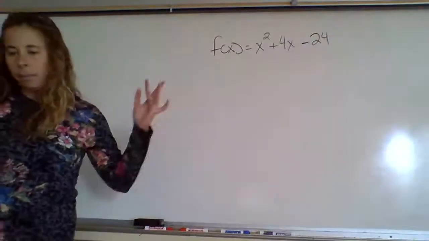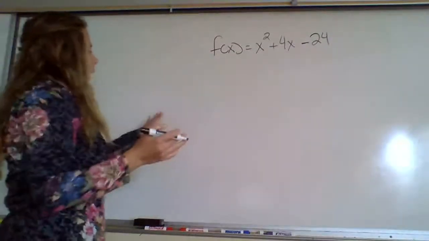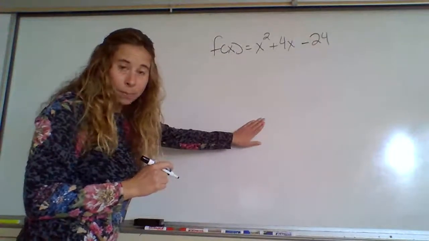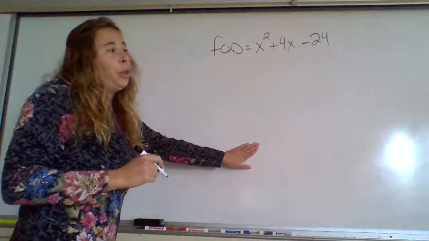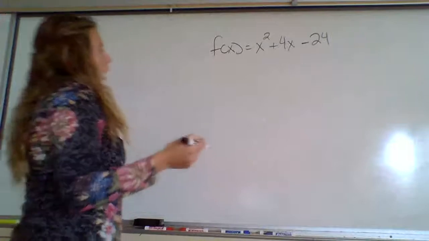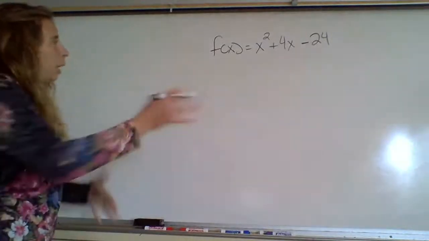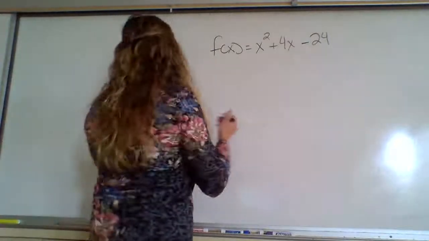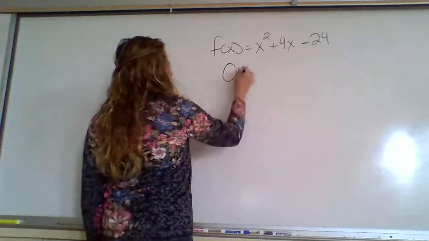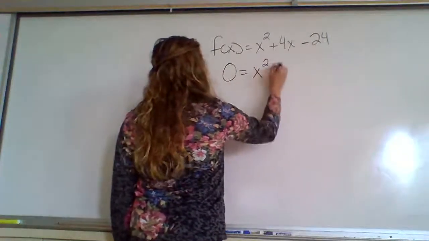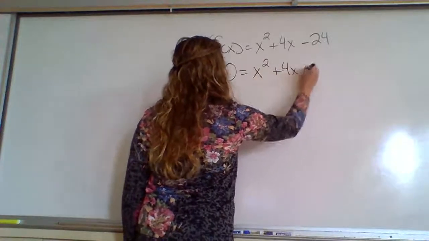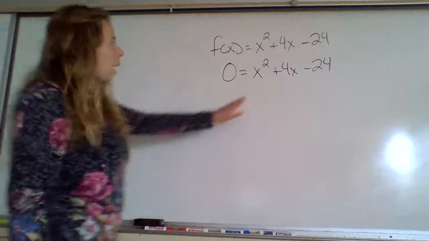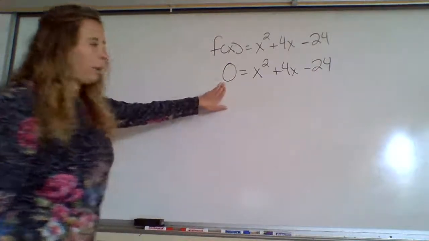So, in order to classify the x-intercepts, you should probably just find them. All right, so first of all, we're going to set this equal to 0. Because we're trying to find the x-intercepts, and for our x-intercept, y is 0. That's why we always set it equal to 0.